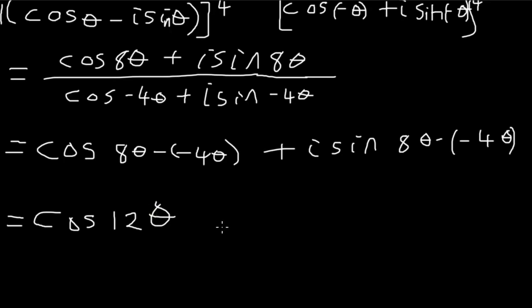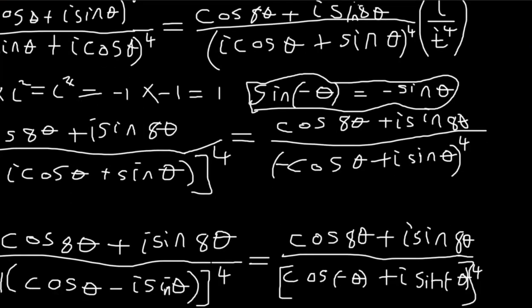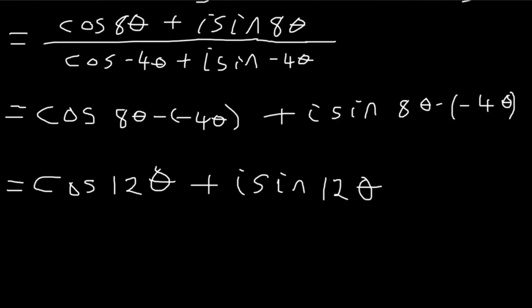So it's going to be cos 12 theta plus I sine 12 theta. And now since they want us to leave it in this form, it is supposed to have a power there, so we're going to write it this way now.